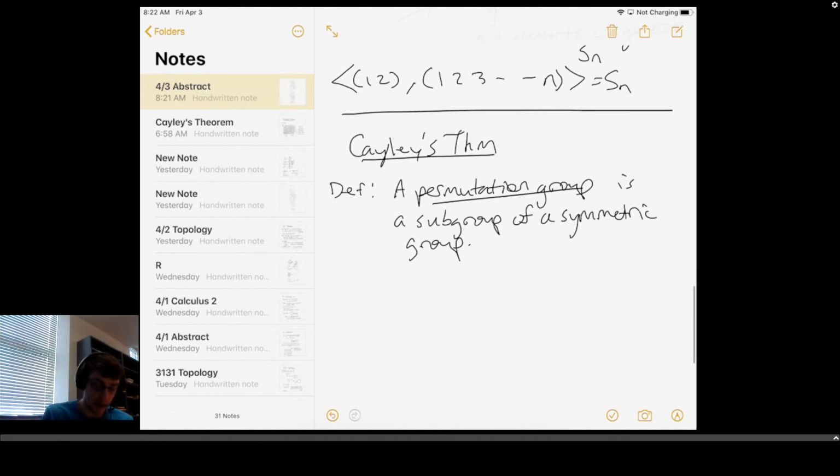And then Cayley's theorem states that any group G is isomorphic to some permutation group.